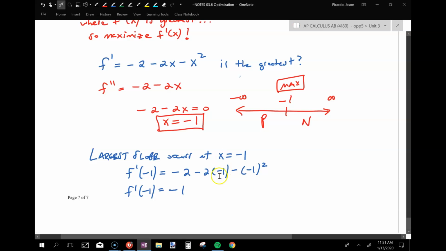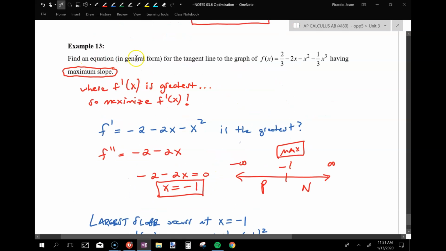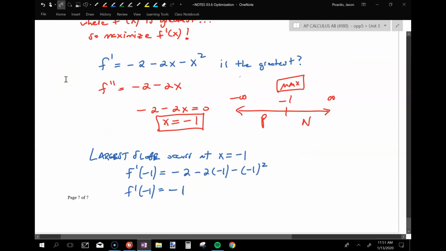Yeah, absolutely. Have I answered the question? It says find the equation to the graph having the maximum slope. So when you see find the equation, you know that you're going to do one of these. I know the largest slope is -1. I know where it happens. It happens at -1. So the two negatives make the positive, right? I still need to figure out the where for the position on the graph, right?